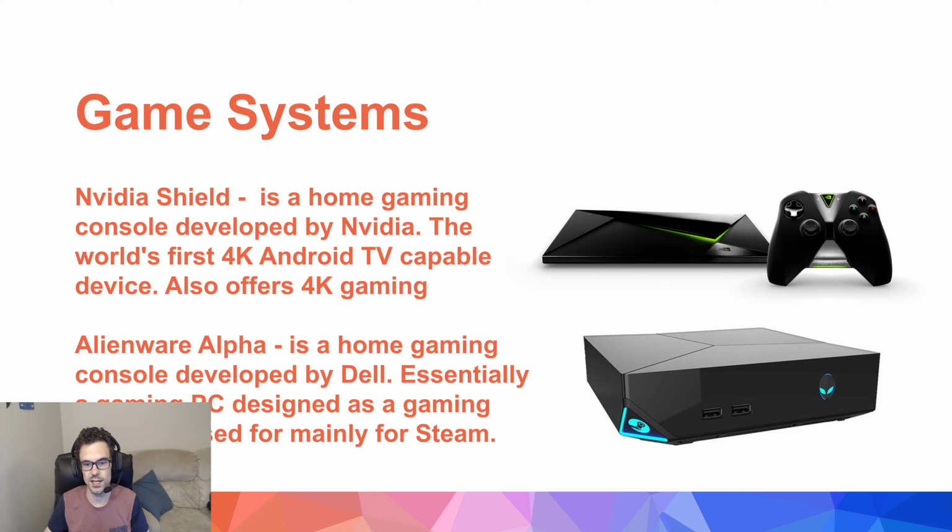What Nvidia did is they decided that the internet has grown so big at this point and is so capable of handling this, and internet speeds have increased as time has gone on, that they decided to do all the processing in their Nvidia cloud. So servers online handle the processing of the game, and then they deliver that through your internet connection to this device, which means this device is really just basically a capture device.